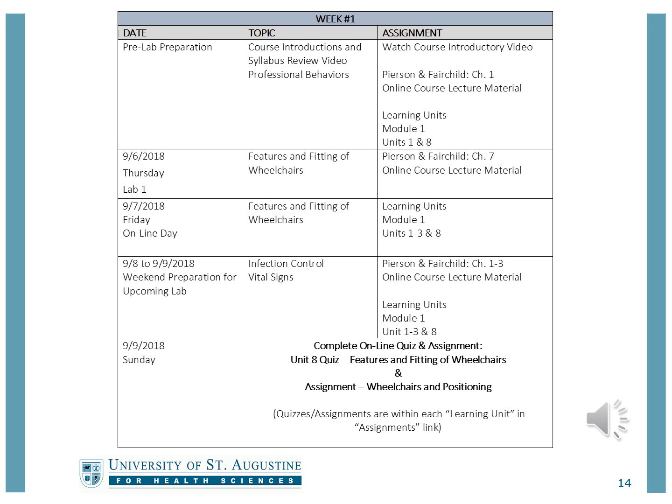Go ahead and start reviewing Units 1 and 8 on the left-hand side of the course navigation page, and also Chapters 1 and 7, which are the intro to the course and getting acquainted with the wheelchair features.